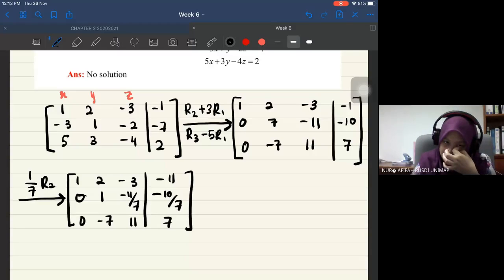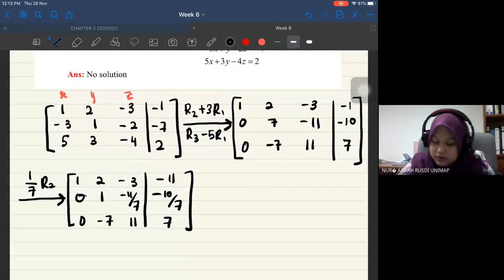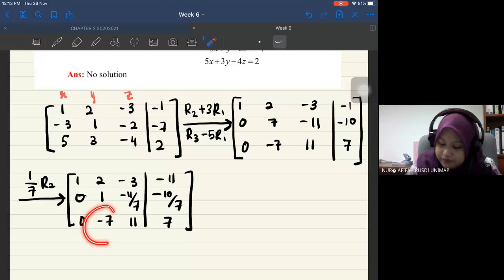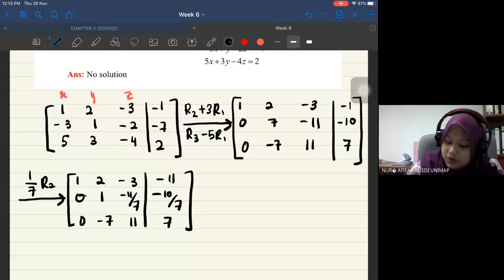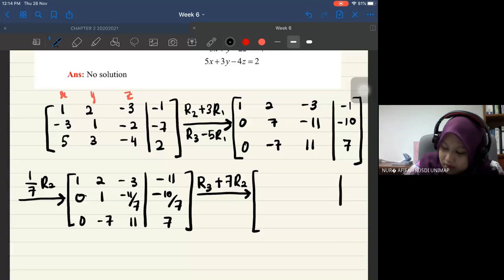Okay, so the next step is we want to make this negative 7 become 0. So what will be the operation? R3 plus 7R2. So the first 2 rows are unchanged, so just copy back.